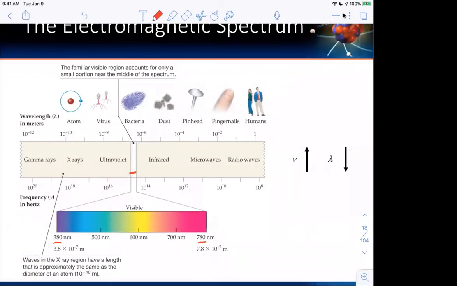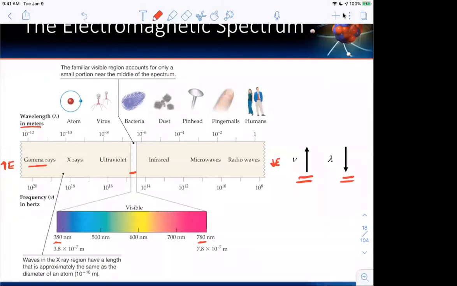So just to correlate, here's gamma rays. This is very high energy, and this is very low energy. Remember, as I increase frequency, I decrease lambda. Notice, here's the wavelength in meters.